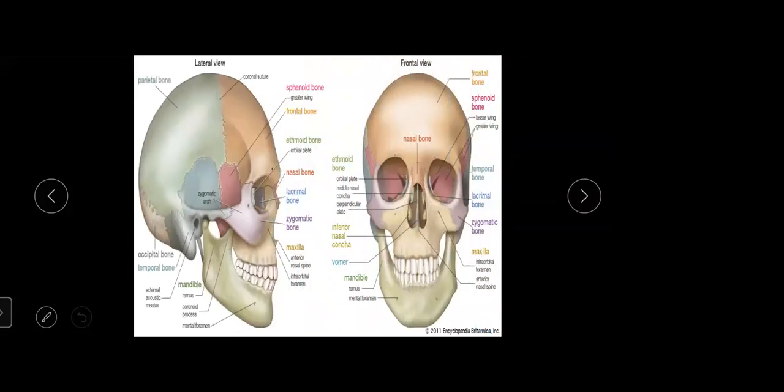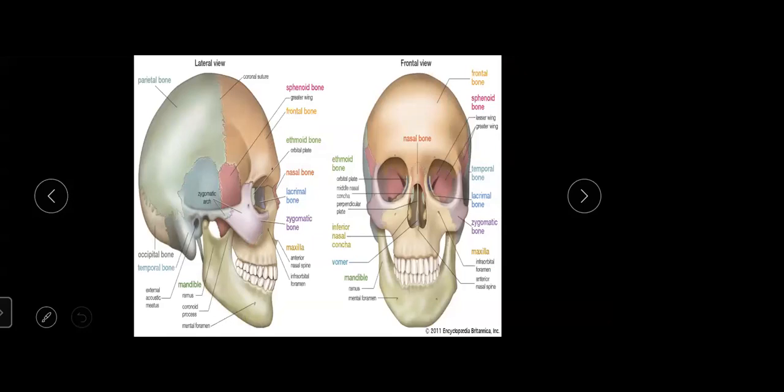Now we will go to the maxillary bone. The maxillary bone forms the middle part of the anterior view of the face. It is formed from two bones united at the midline. It forms part of the floor of the orbital cavity, and also part of the lateral and the inferior wall of the nasal cavity.